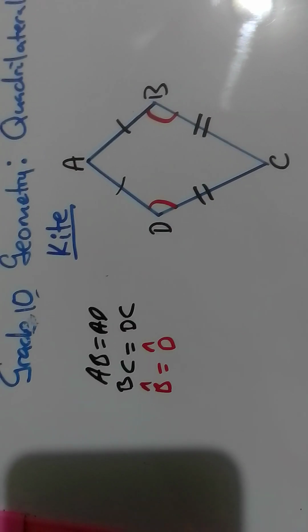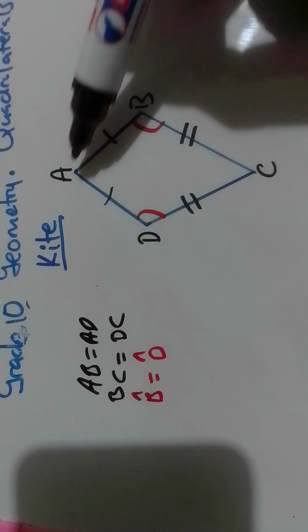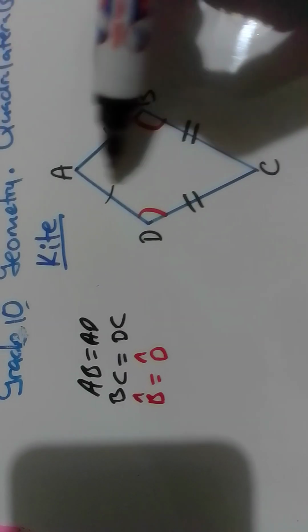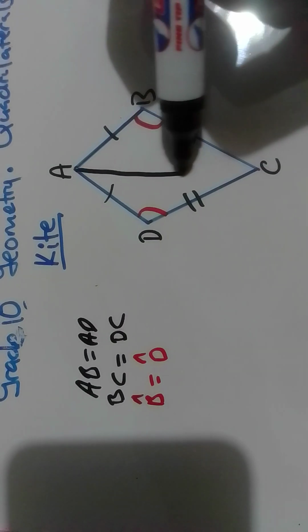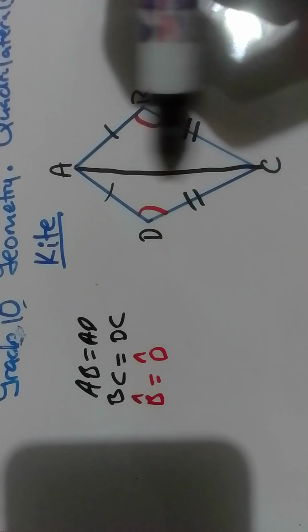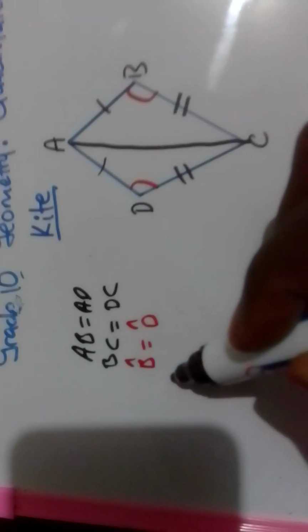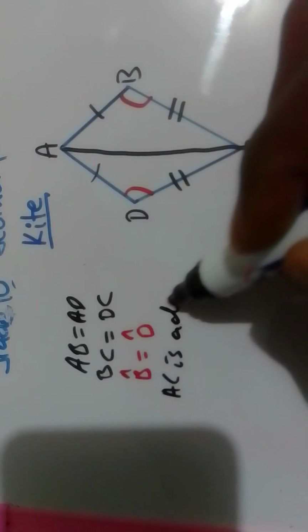Now we're going to draw a diagonal line which we shall call AC here. My diagonal line is not that straight, please forgive me for that. So AC is a diagonal line.